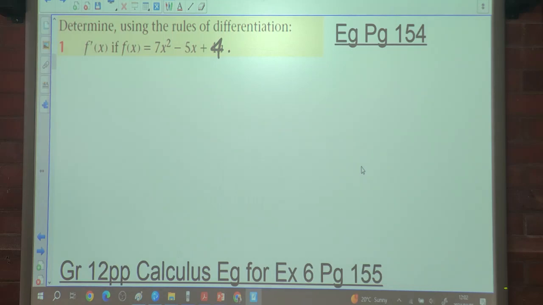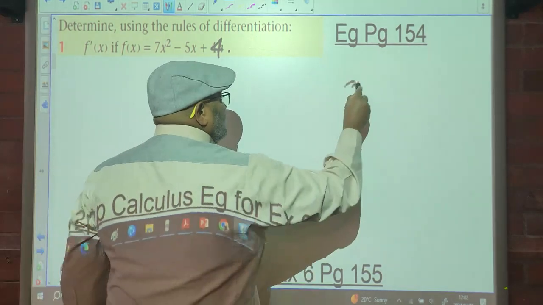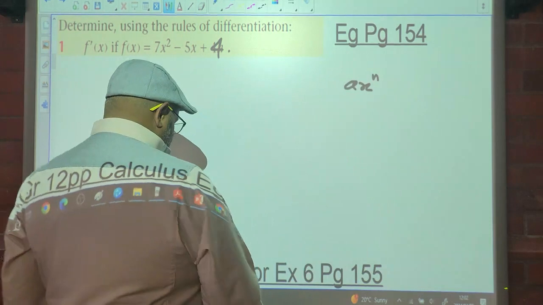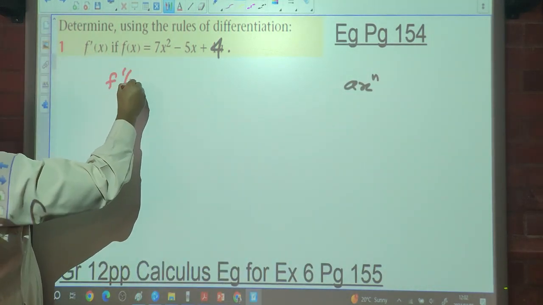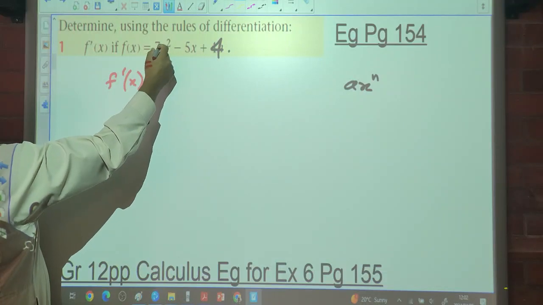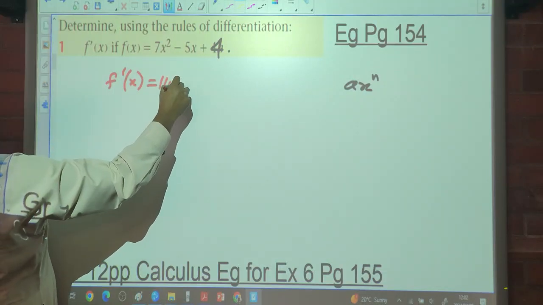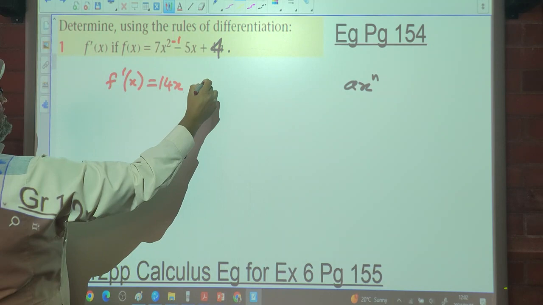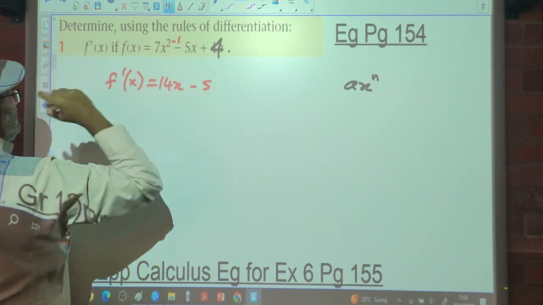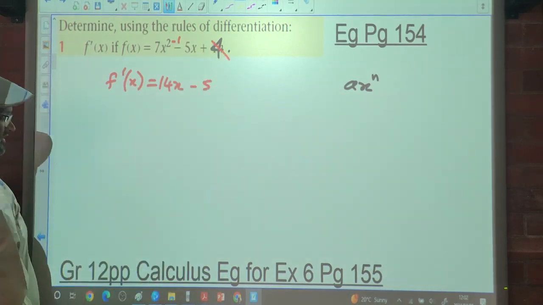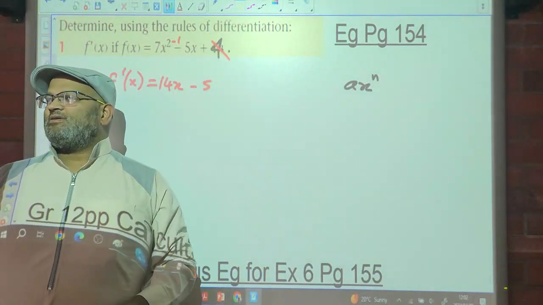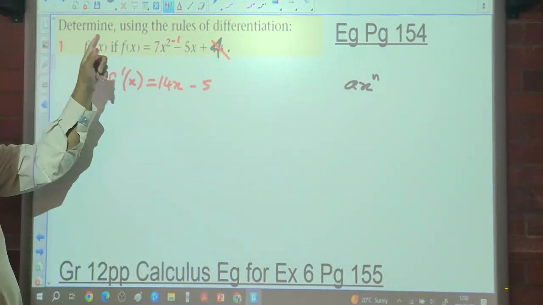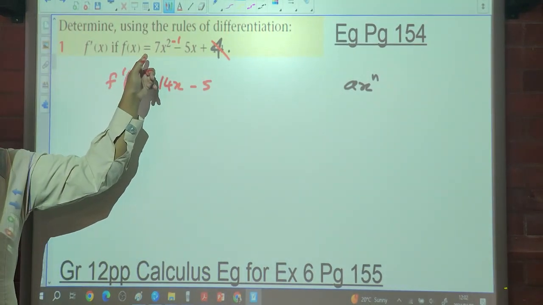So let's apply the derivative. Is that in the form of ax to the power n? Yes. So let's apply the derivative. What do I write? F prime x equals 7 times 2 is 14x minus 5. The derivative of a constant is 0. Even if there had to be an h there, it will still be 0. Why? Because we're differentiating x.